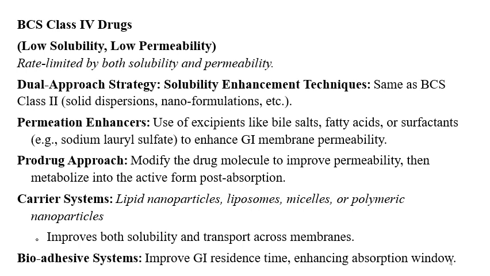So use excipients like bile salts, fatty acids, surfactants like Tween 80 or polysorbate 80, sodium lauryl sulfate, or SLS, to enhance the GI permeation. Prodrug approach is there, modifying the drug molecule to improve the permeability, which then metabolizes into the active form post absorption. This is how the prodrugs work.